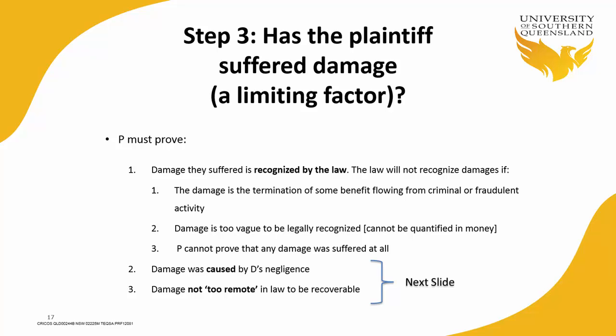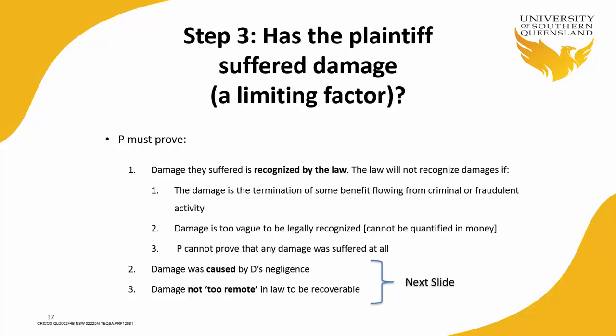So you can't argue that you lost profit, for example, resulting from sales of drugs. It has to be something that's legal. Otherwise, you wouldn't be compensated for illegal activity.